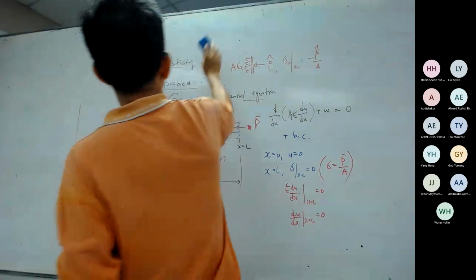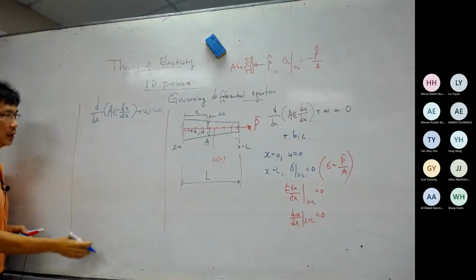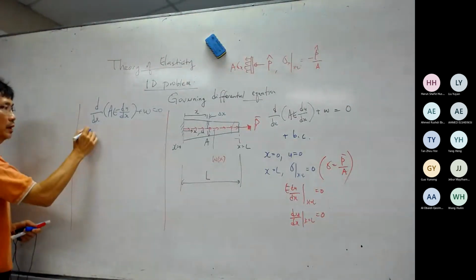The starting point is d over dx of AE du dx plus w equal to 0. Our aim is to get u, so you have to integrate once.